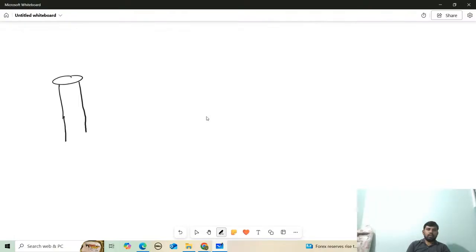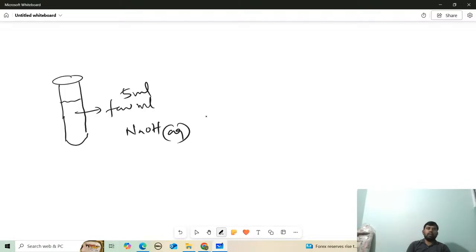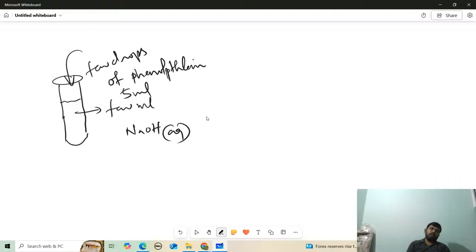In the test tube they are taking about 5 ml of NaOH aqueous solution. Then they are adding a few drops of phenolphthalein indicator.